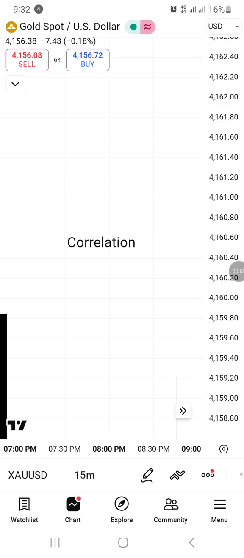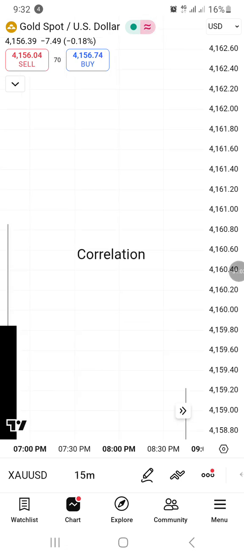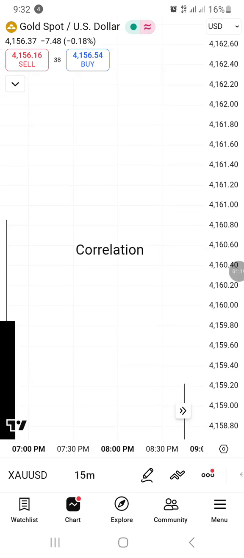If Euro USD is buying, even GBP USD will be buying, right? Because they have a positive correlation. And for negative correlation, that's when if one pair is buying, the other pair will be selling. And we are going to see how important it is when we are placing a trade.